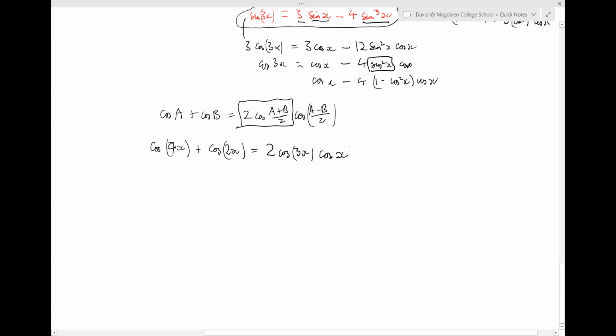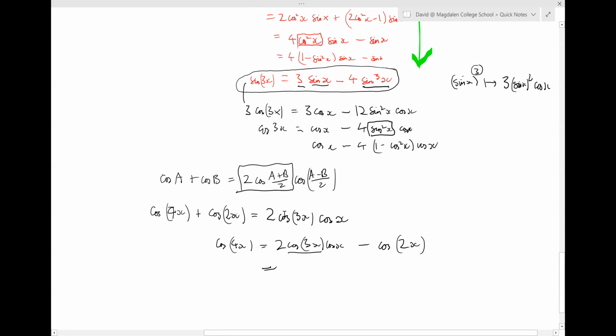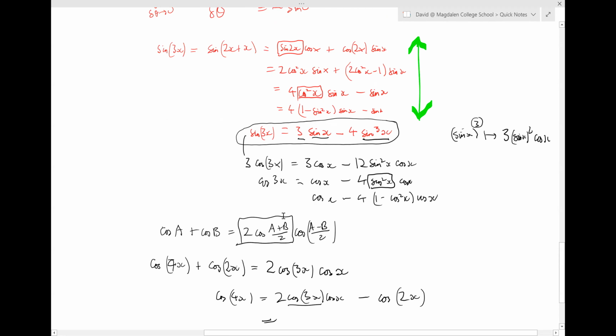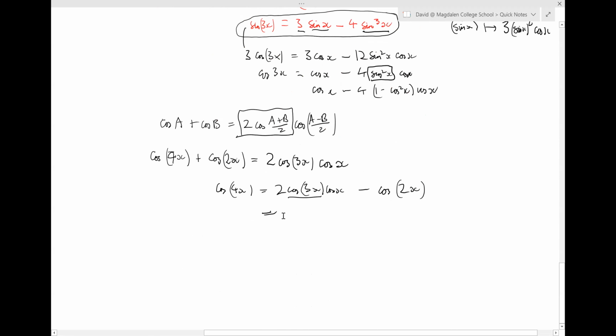So cos 4x is 2 cos 3x cos x minus cos 2x. But what do we know? We know that cos 3x is, what is it? 4 cos cubed x minus 3 cos x.